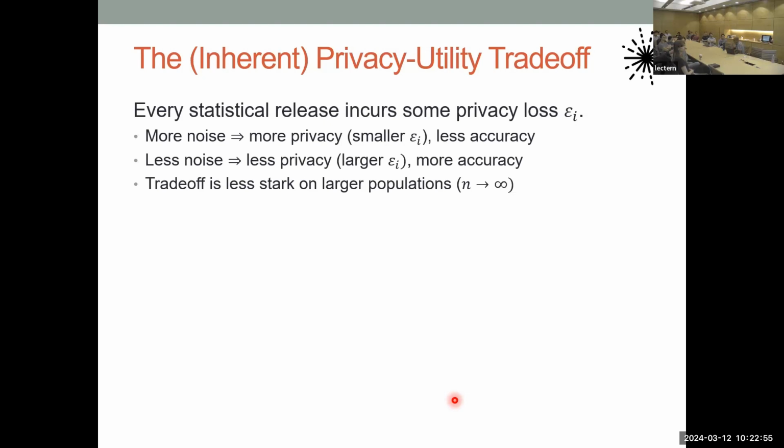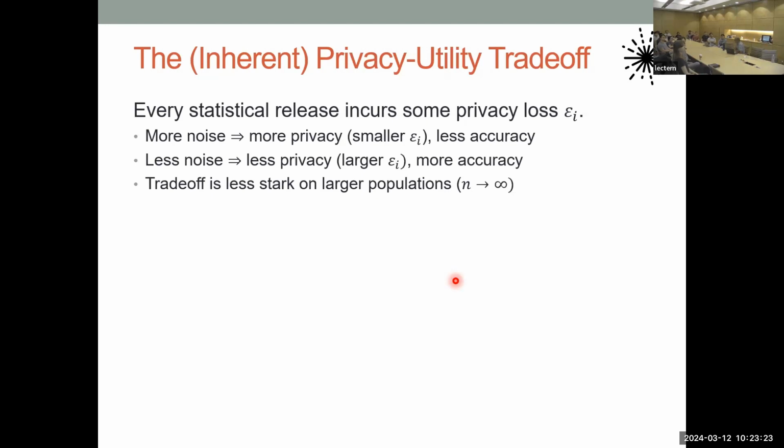We won't need any of the formal definitions for what I'm going to talk about, just to give you a taste of the kinds of questions. All right, so now, I said differential privacy is a quantitative theory, so it accepts that any statistical release you make on data incurs some privacy loss for the individuals in that data set.